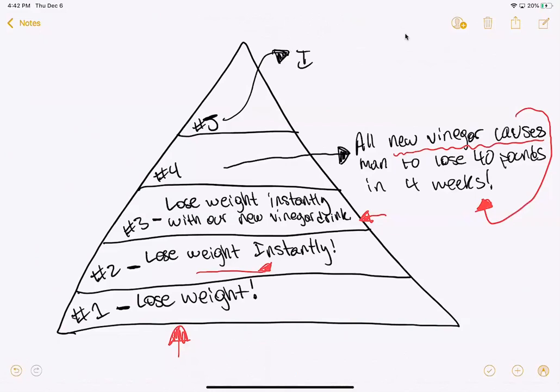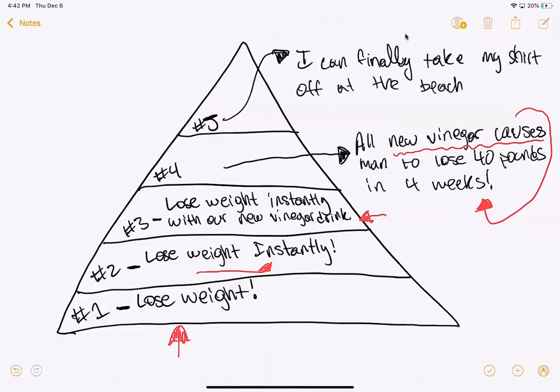So I'm going to say, I can finally take my shirt off at the beach and not feel self-conscious, right? Hold on, I'm going to just draw a squiggly here so it cuts it off.